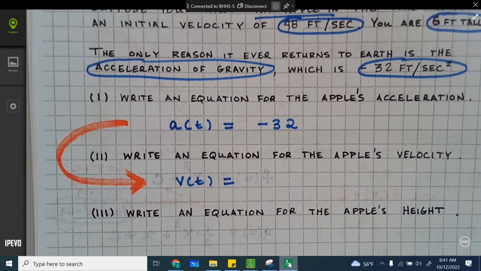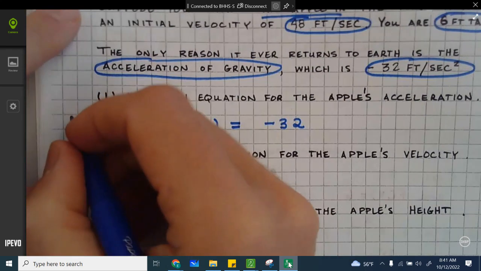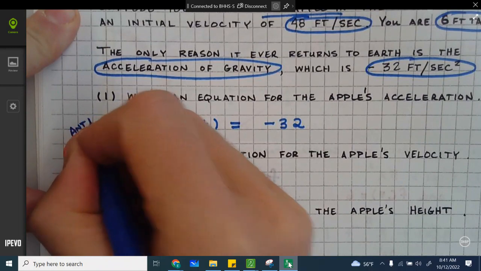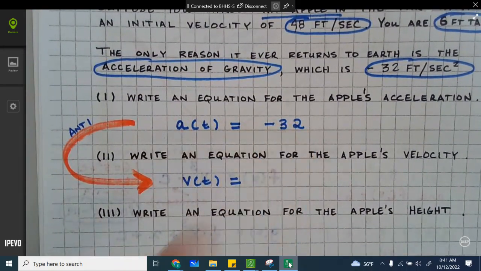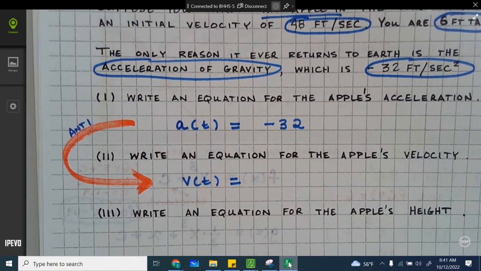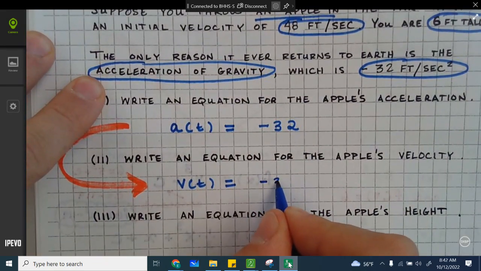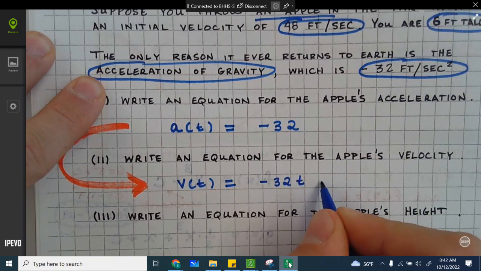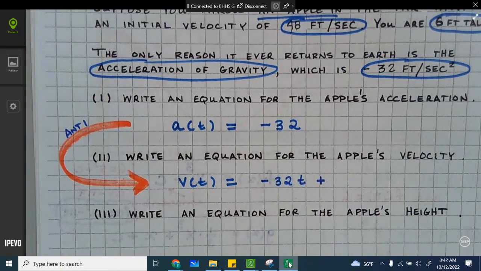So in this direction, we are taking the antiderivative, which means since this is constant, the antiderivative would be linear. So you're going to say it's negative 32t plus c.